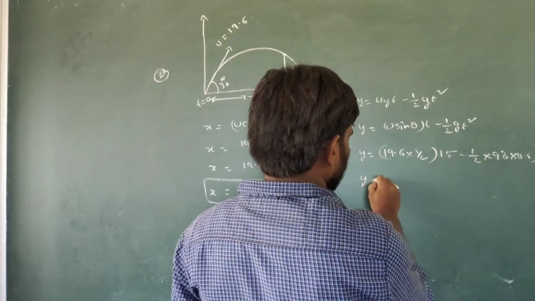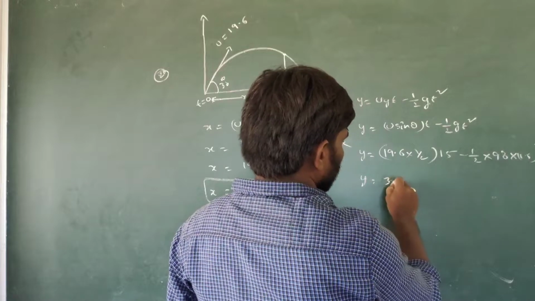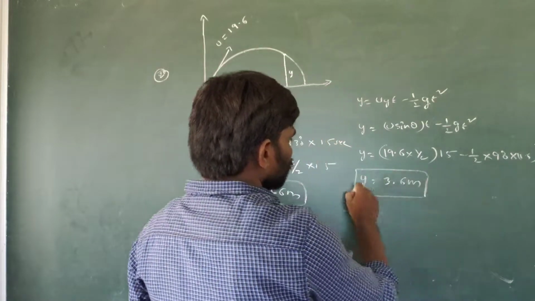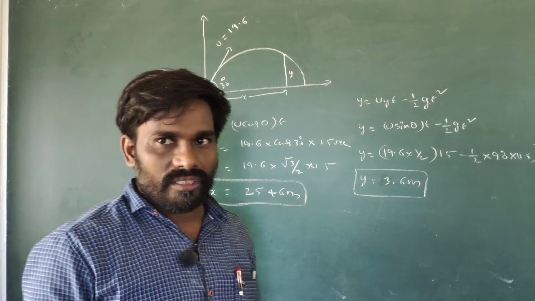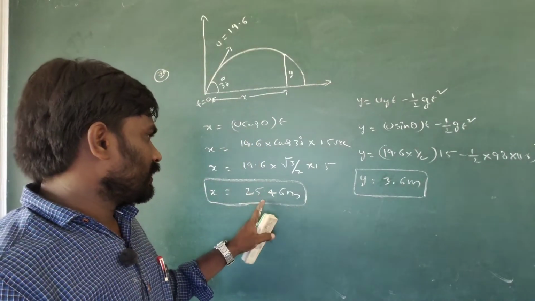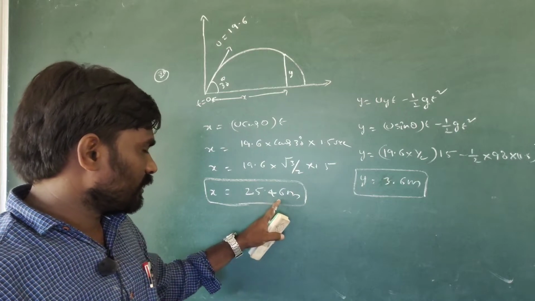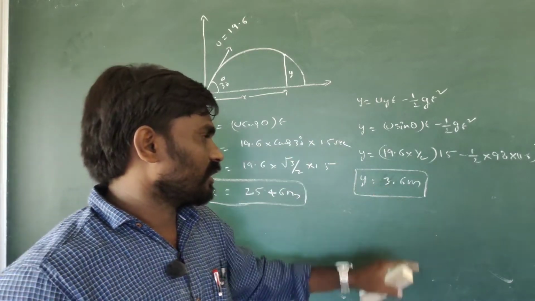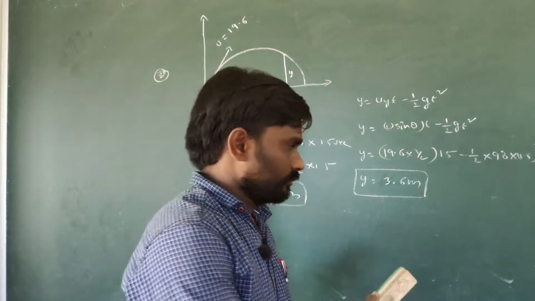Finally we get y is equal to 3.6 meters. That is the position of the body after 1.5 seconds. The horizontal distance is 25.46 meters and the vertical distance is y is equal to 3.6 meters.